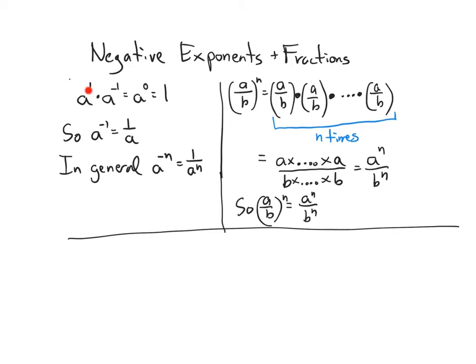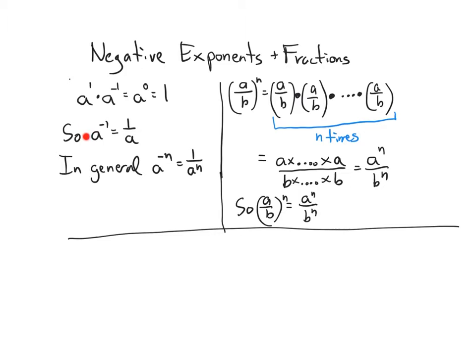So we'd want a to the 1 times a to the negative 1, whatever that would mean, to be a to the 1 plus negative 1, which is a to the 0, and anything to the 0, of course, is 1. Well, what does that mean? Well, it means that a times something gives you 1, so that something we know is 1 over a.